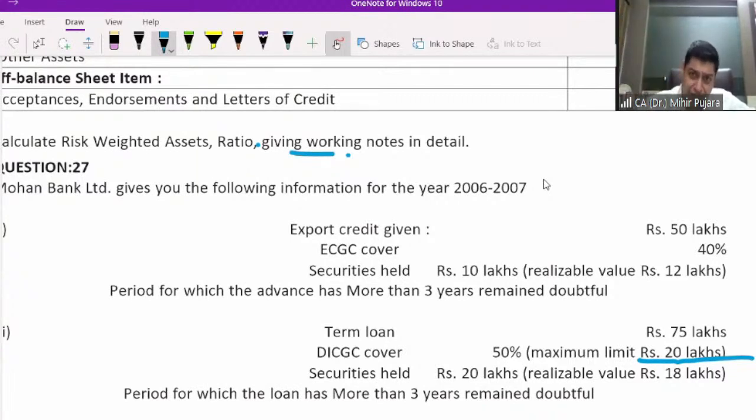It should be 20 only. So outstanding balance less realizable value of security. Then you will get unsecured portion. Then apply the percentage. And in case of term loan, the percentage application amount should not be more than 20. If it is more than 20, stick to 20 only.